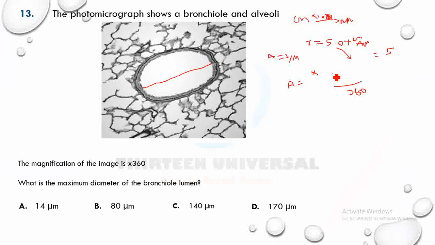This should give us 50,400, so you put it here. 50,400 divided by 360, did you get 140? So that means the actual size is 140 micrometers. That's it, and that is C there.